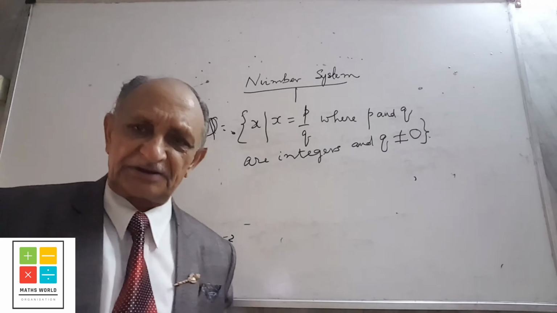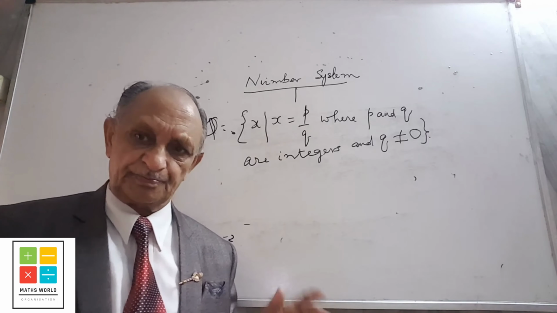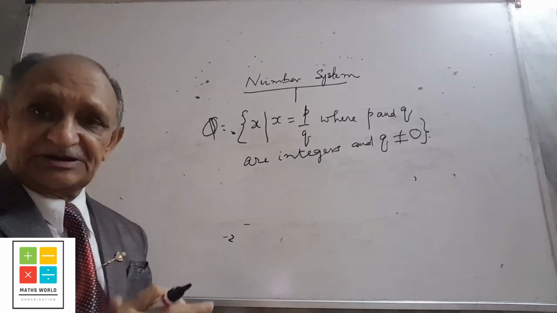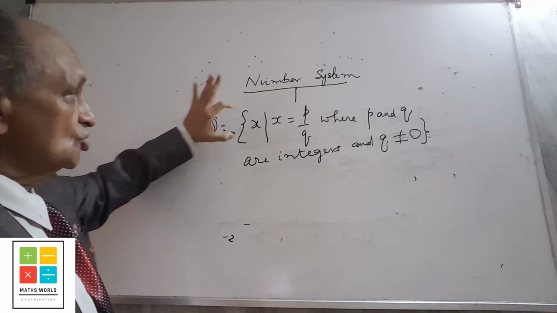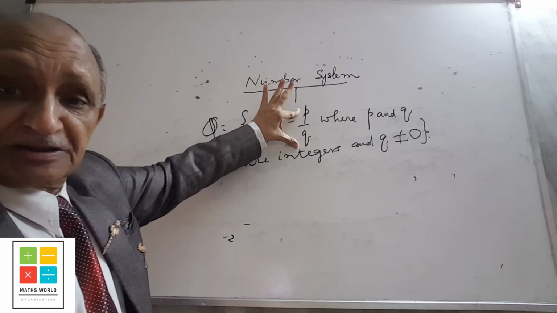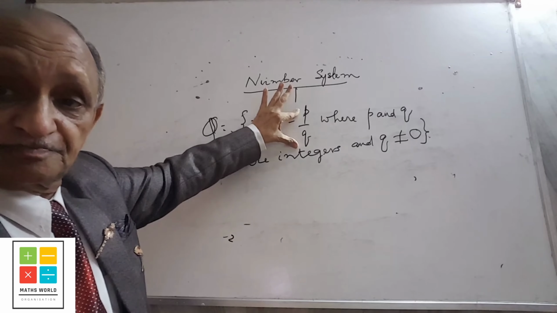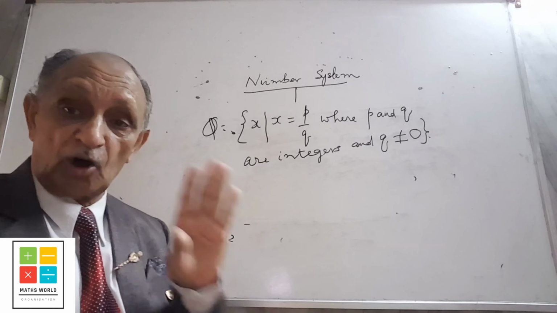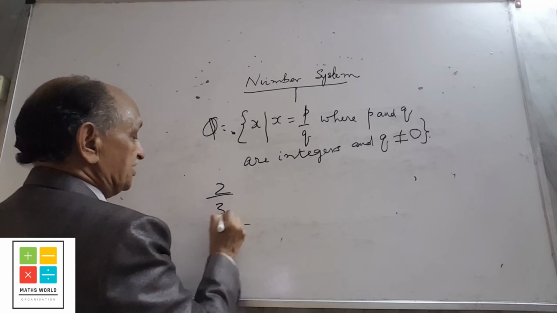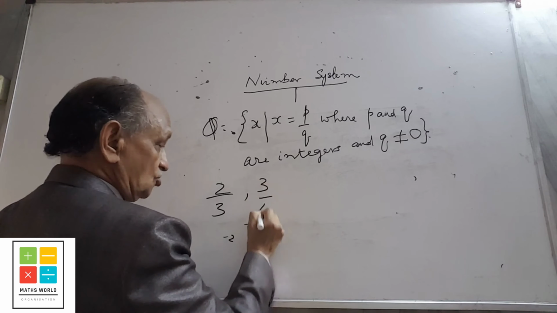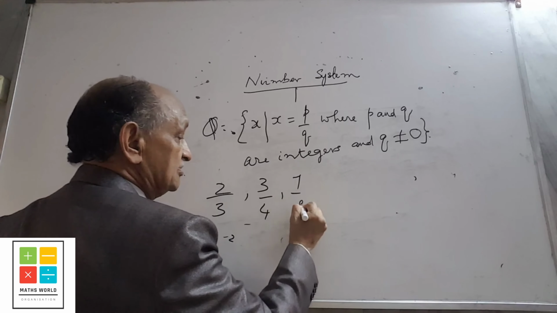Just now I have told you what are integers, positive or negative. Any rational number, we must be able to express it in the form P by Q, where P and Q are integers. The examples which I gave: 2 by 3, 3 by 4, 7 by 9.